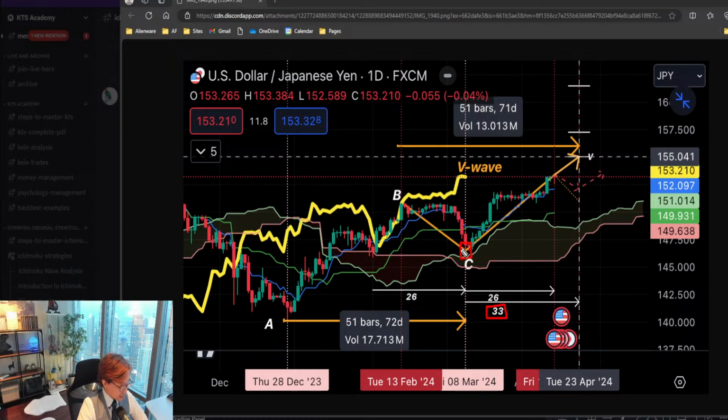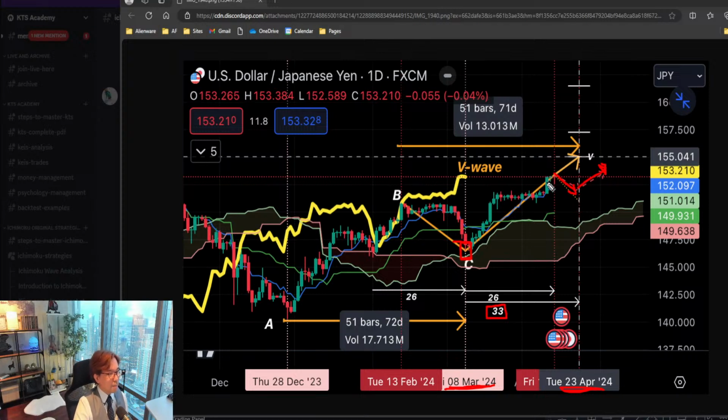So the previous swing low was marked on the 8th of March, and 33 trading days after will be exactly here on the 23rd of April. So that means until the 23rd of April, from here the market may retrace, and it may also go up. That's also one of the scenarios.